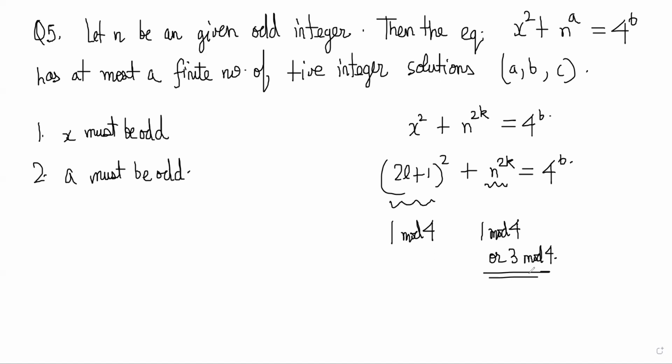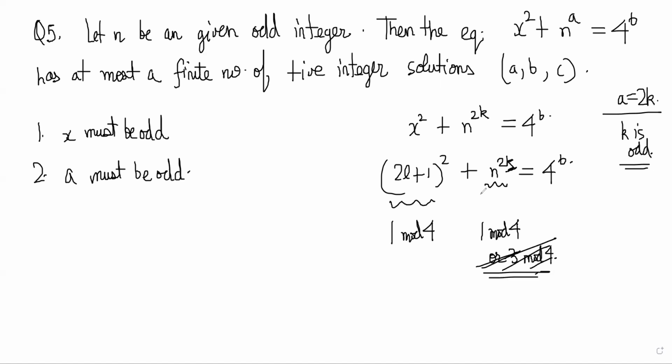N power a, right? Actually, it can only be 1 mod 4. Why? Because we are assuming that a is even, but k is odd, right? A is equal to 2 into k, and we are saying k is odd.